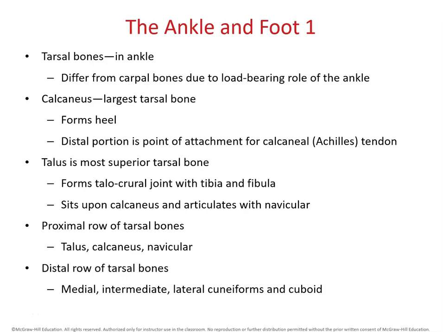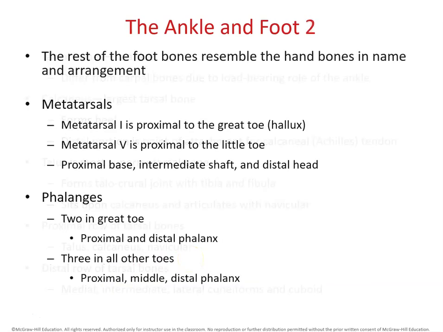The talus is the kind of highest up, most proximal tarsal bone. And then we have 2 rows of tarsal bones below the calcaneus and talus. The metatarsals are the long bones of your foot, and your phalanges, same name for your fingers and your toe, phalanges, are in your toes.